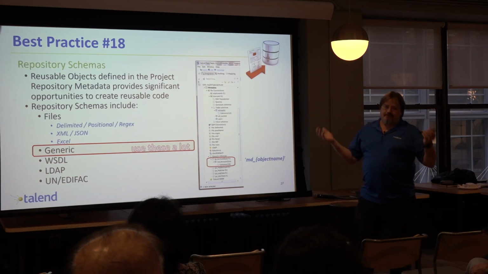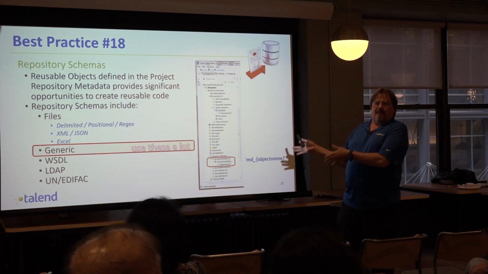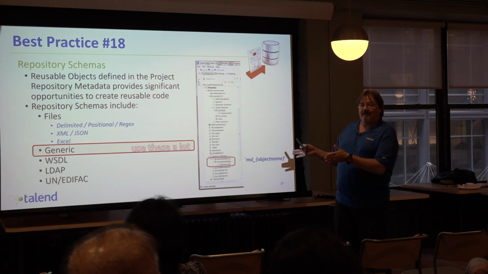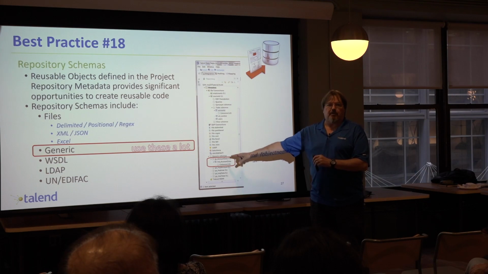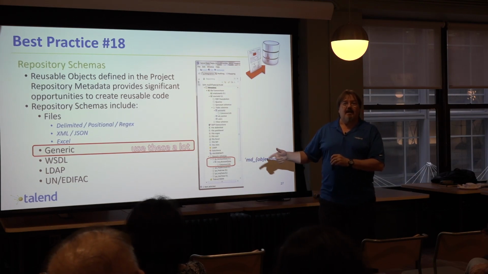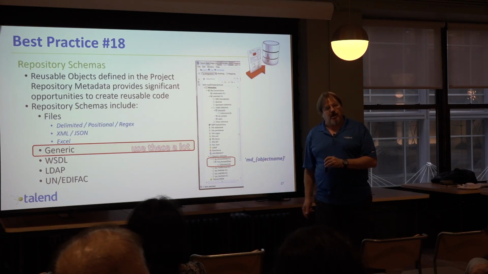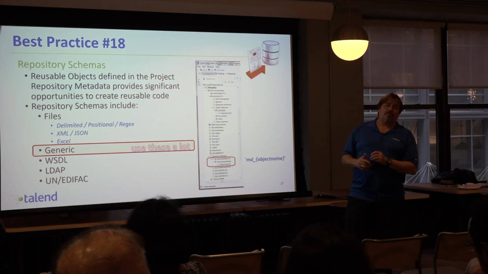Now the lazy programmer will just go into the job and add the 4 columns built into the code. But every place you need that, you have to change it. If instead you create a generic schema and promote it to the project repository, you can reuse it everywhere, and anytime it changes, it only has to change here, and then all your other jobs will inherit the change, even if you've used it multiple times within the same job.